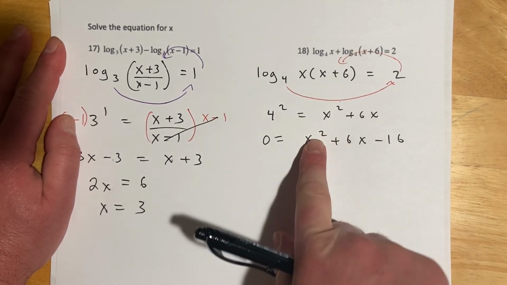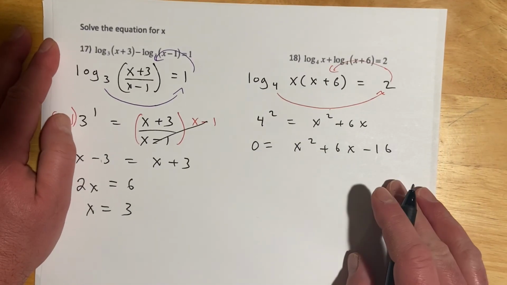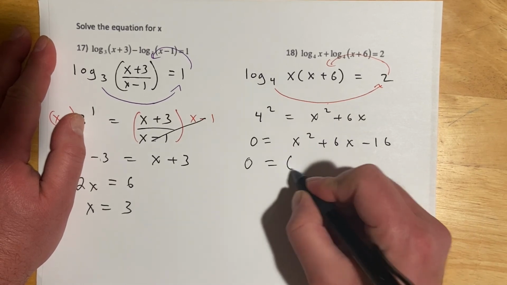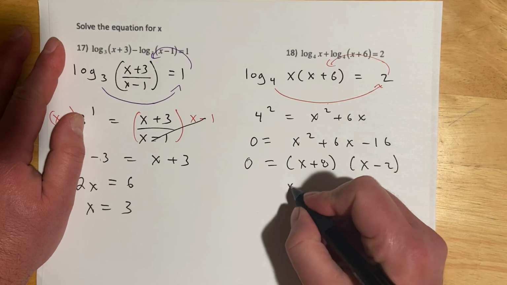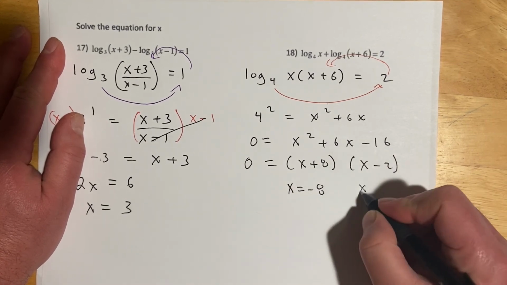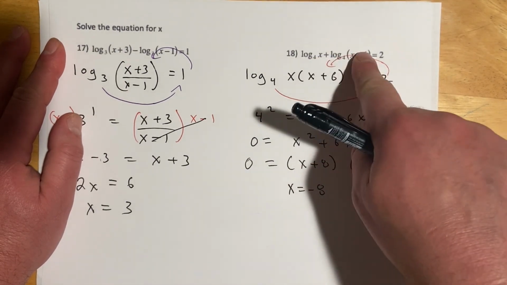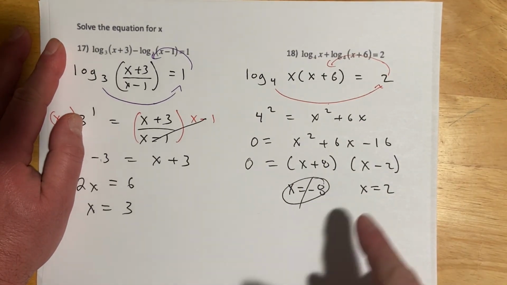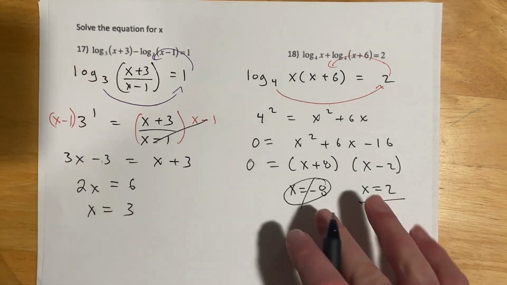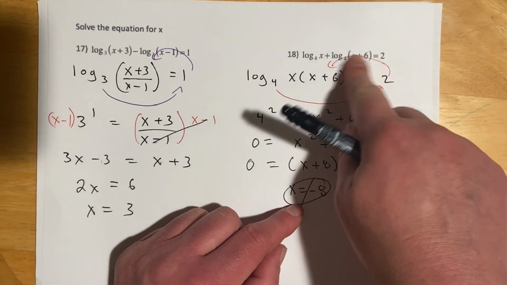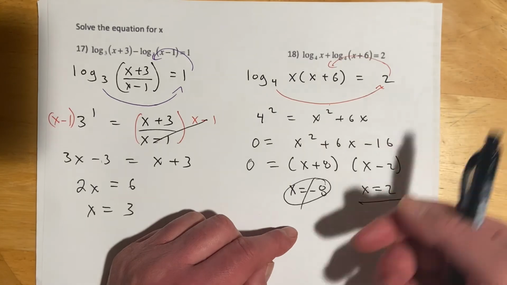And so you can see this one was coming up quadratic, so that's why I want to get it set to 0 so I can factor and solve. So x plus 8, x minus 2. I get a negative 8, which I'm suspicious of, and x equals 2. Sure enough, when I put the negative 8 in, it's negative all over the place. That's no good. I put 2 in, it stays positive, so that one is our solution. And in terms of the solutions, it could be they both work, neither one works, only one works. You just have to check and see.